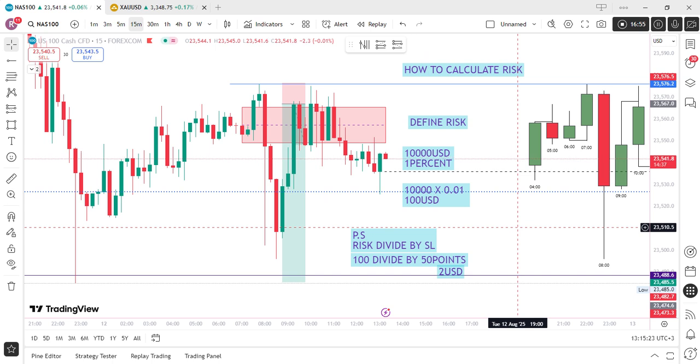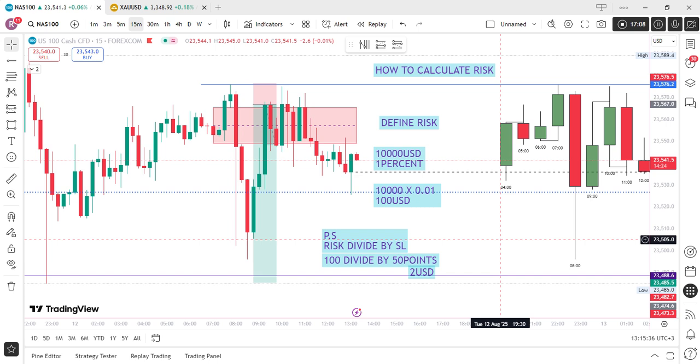Choose your asset first, if it is Nasdaq or gold and so on. And remember, when it comes to contract size, ensure that the contract part you've clicked on matches exactly the contract size on your MT5, so that you don't have separate risk values.